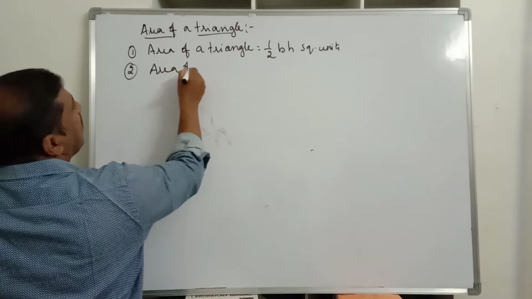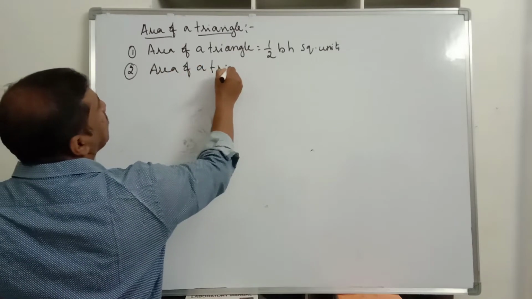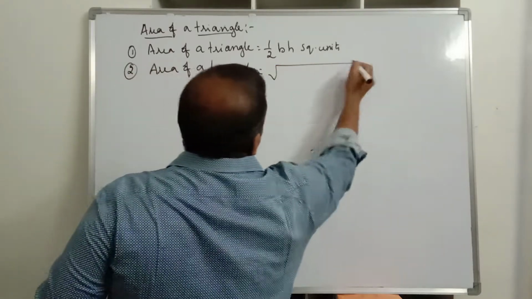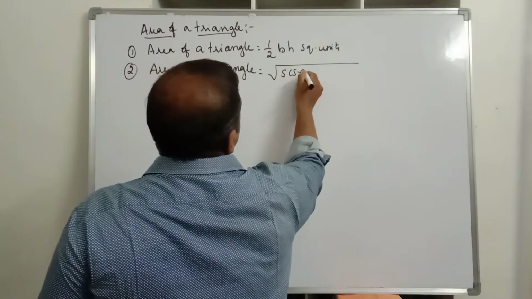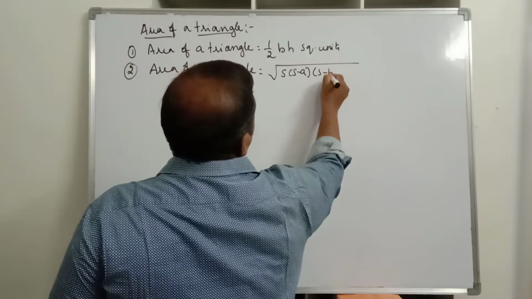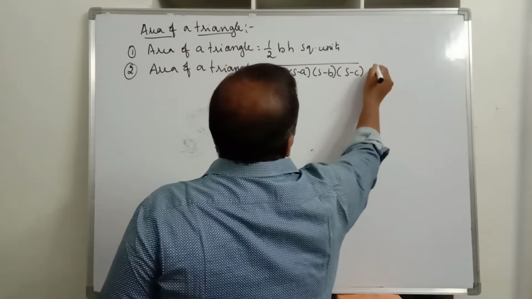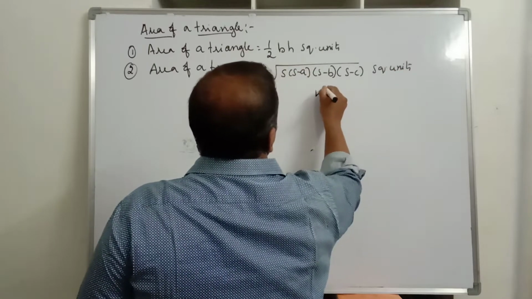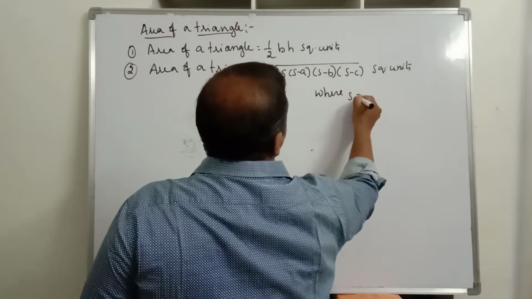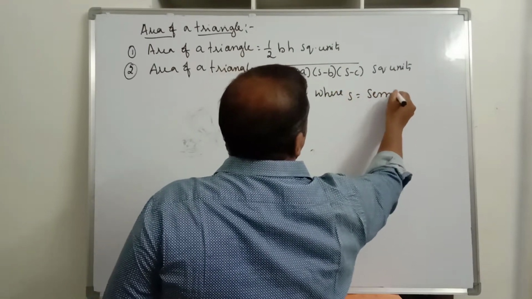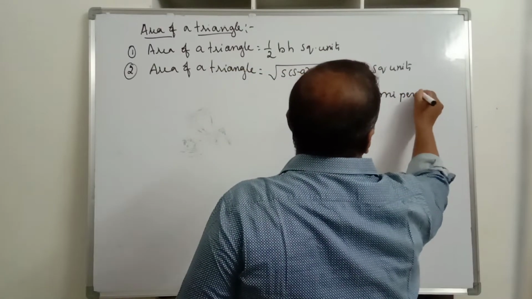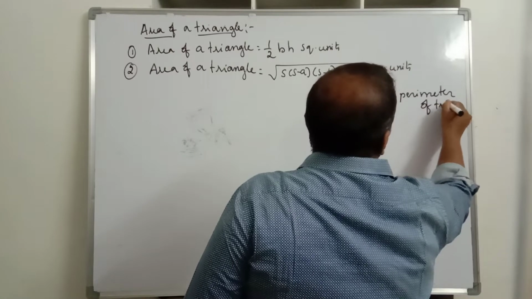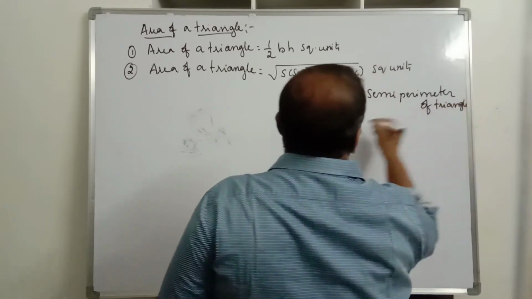The second one, we have one more formula, which is also known as Heron's formula. That is equal to square root of S into S minus A into S minus B into S minus C square units, where S is the semi-perimeter of the triangle.